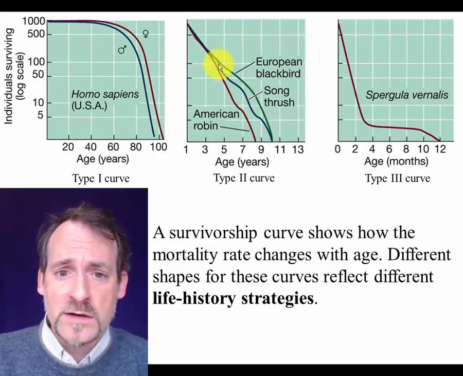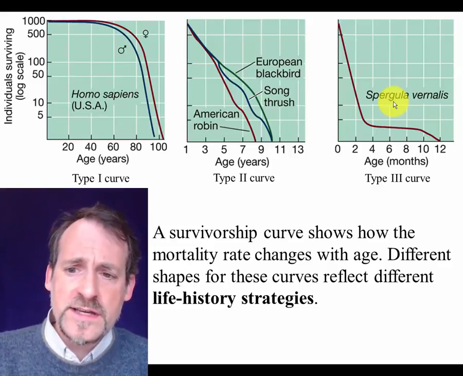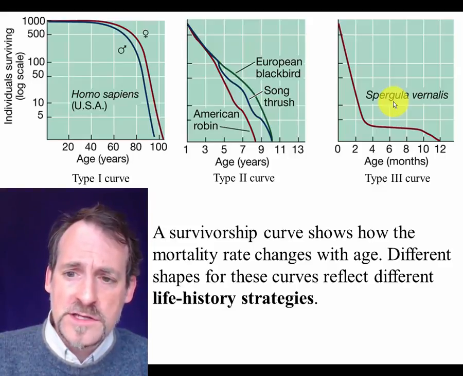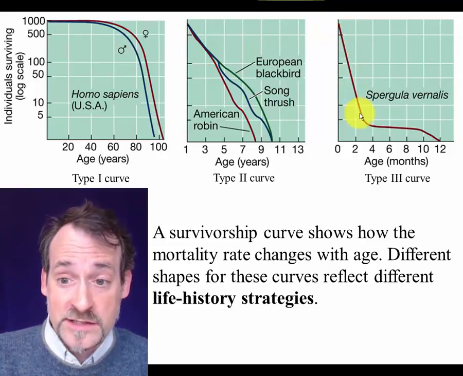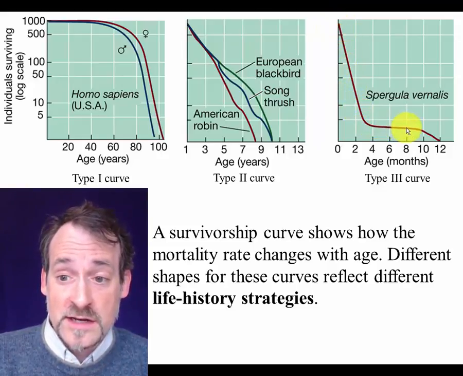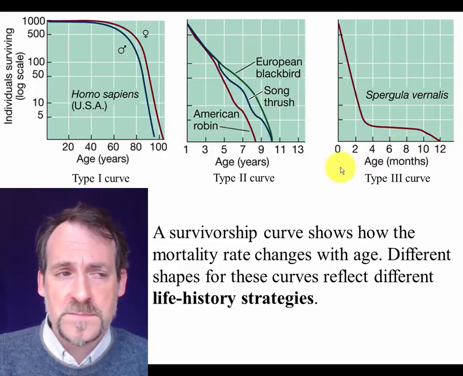This one, where survivorship follows more or less a constant slope down until all individuals are gone, that's called a type 2 curve. And over here, with this plant, you see what's called a type 3 curve. Lots of mortality early on, and then survival stays constant for a while and then drops down again at the end of the lifespan.